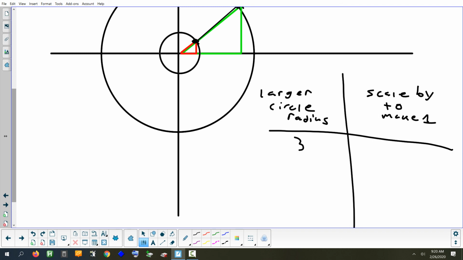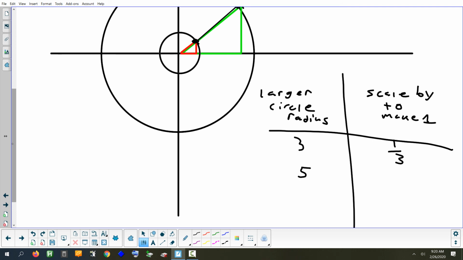So when you scale by, it's what you're shrinking it by. If you scale it by 3, that makes it 3 times larger. 1/3. Okay, so if you had a circle that was radius 3, and you wanted to shrink it back down to a unit circle, because that's what we know how to do, you would scale it by 1/3.